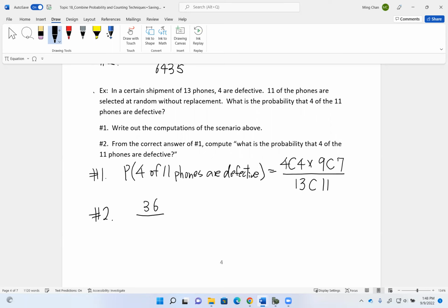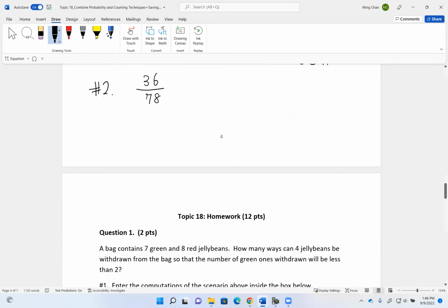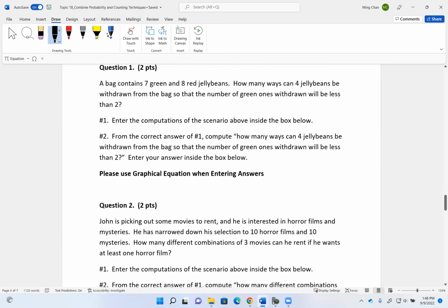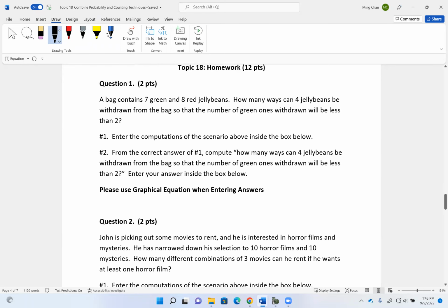If you put the bottom in the calculator separately, that should be 78 ways total. So there are 36 ways of selecting 4 of the 11 defective phones out of 78 total possible outcomes.